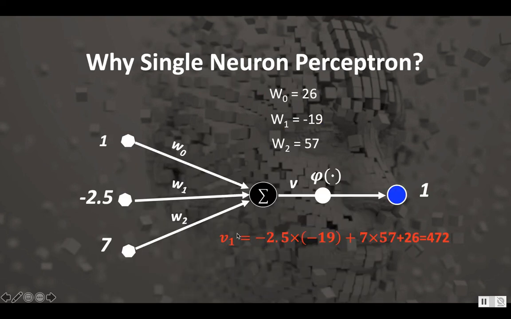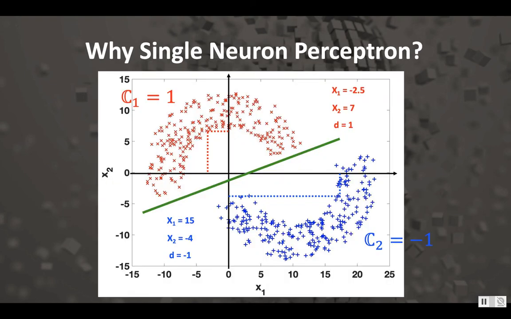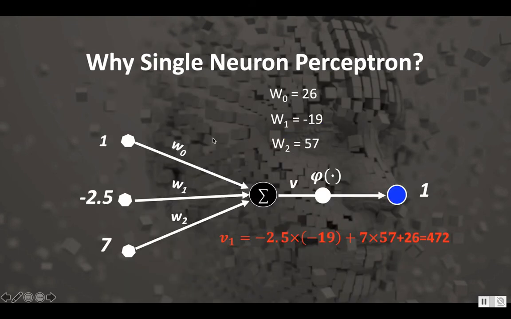So therefore, look at this one. We have the V1 as we have the x1 is -2.5 and x2 equal to 7. That is this red point. And then what we do is we multiply by their weights and plus the W0, we get 472.